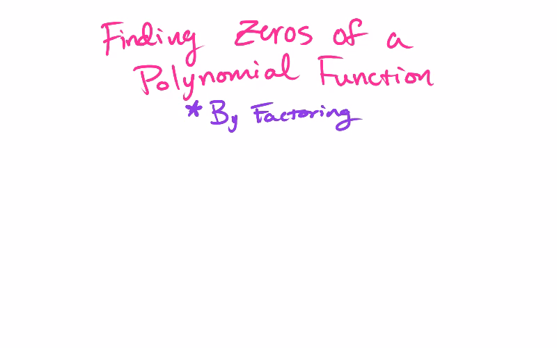Now there's one thing that you want to know before you find the zeros, because sometimes we don't know what we're looking for. The biggest thing is you want to look for the degree, which is the highest exponent.